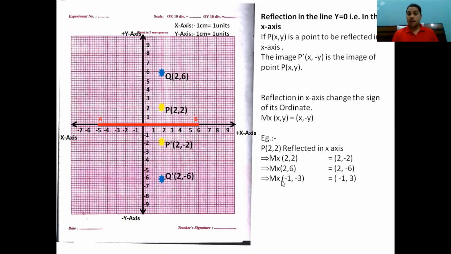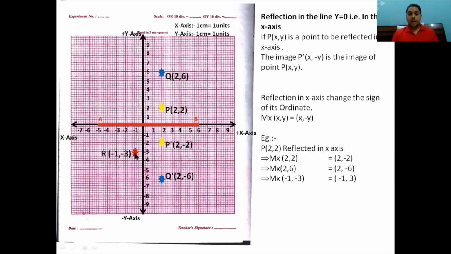Similarly, if we have point (-1, 3), so x is -1, y is 3. x is -1, that means -1, and y is 1, 2, 3. So this is the point. So where will be the image?